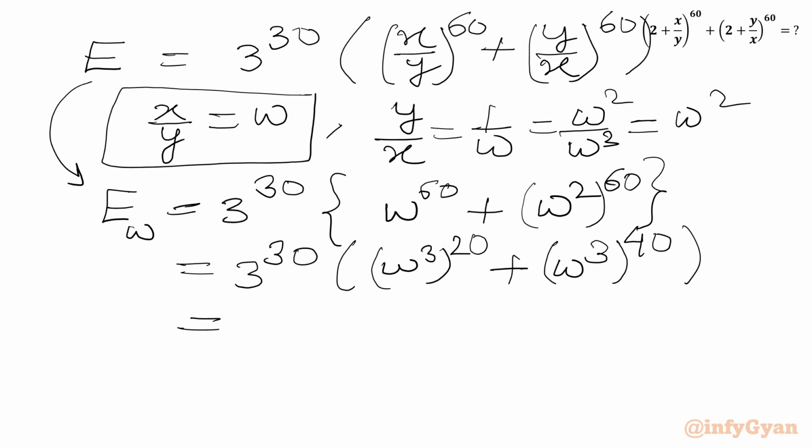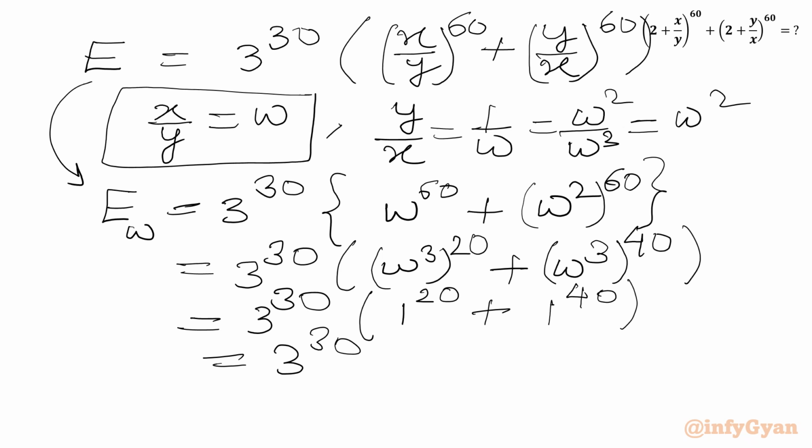So I can write here 3^30. Omega cube is 1, so power is 20. Omega cube is 1, power is 40. We will get 3^30 times 2. So our answer becomes, expression value would be 2 times 3 raised to the power 30.